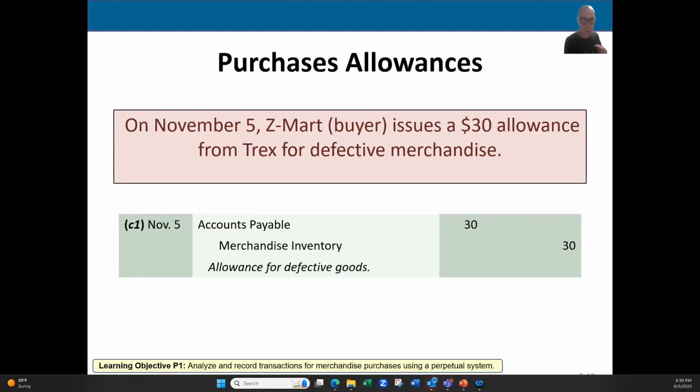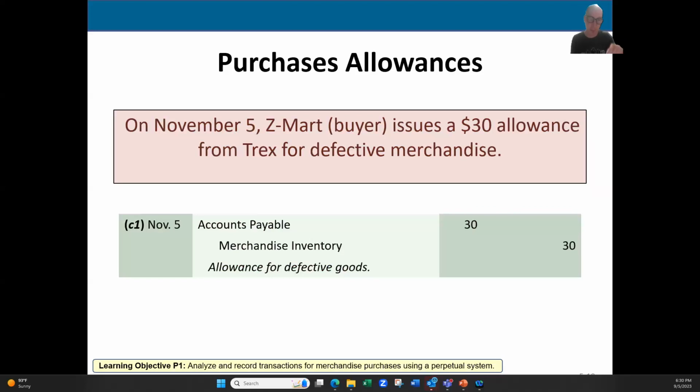So here we have an example. Our company bought some product from our vendor earlier. You remember, we bought $500 worth. Here we are a couple days later, and we noticed, hey, we got a problem here. Some of the stuff doesn't work. It's broken. So we call up our vendor and say, hey, we got some broken stuff that you sent us. They'll say, all right, we'll give you a discount on the broken stuff we sent you.